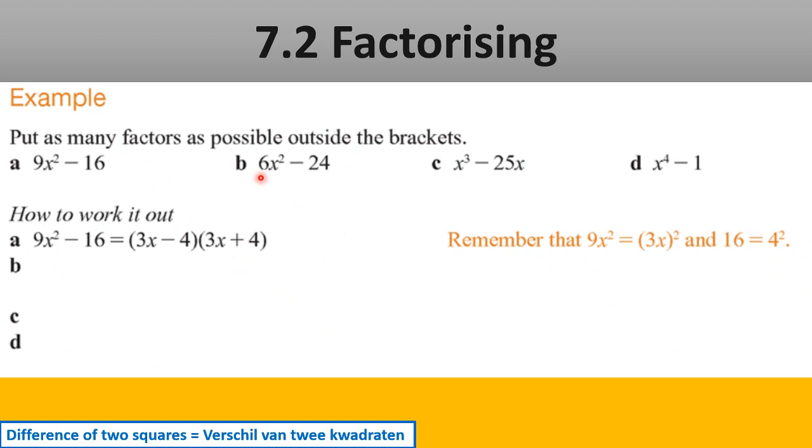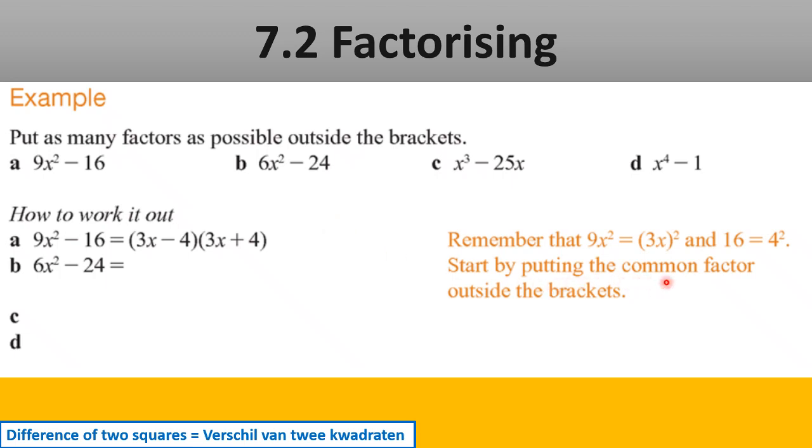Well, how can we make this more difficult? Well, if we're going to try to do this with 6x squared minus 24, you will find that I cannot write 6x squared as a square. Because right, if I use 2x for example, well 2x times 2x is 4x squared, and 3x times 3x, I always saw that already, that's 9x squared. So instead here you first have to find the common factors and put those outside of your brackets.